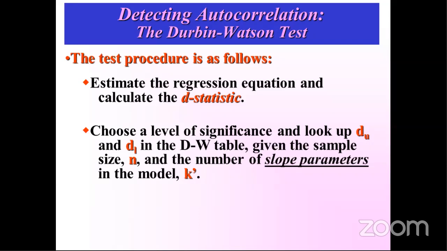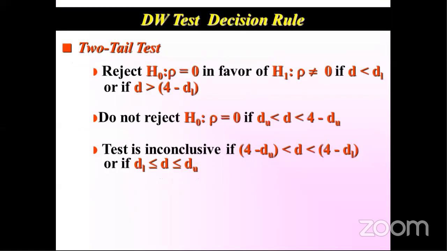Because for each of these, the critical value changes in the Durbin-Watson table. Hence it is a cumbersome procedure, and these are the rules used in the Durbin-Watson test for the two-tailed test and the one-tailed test.